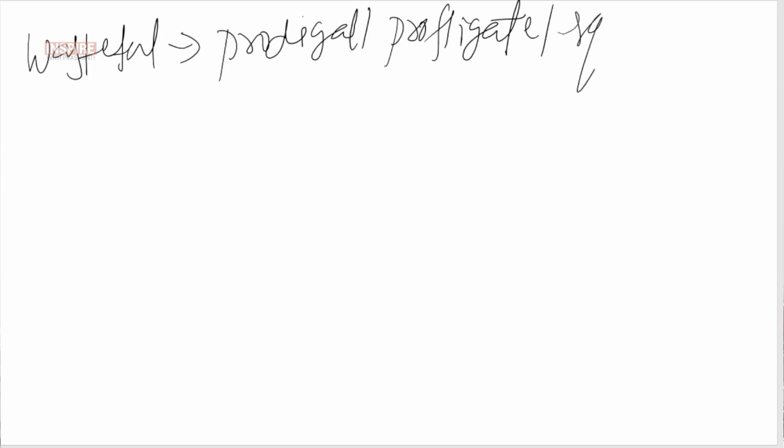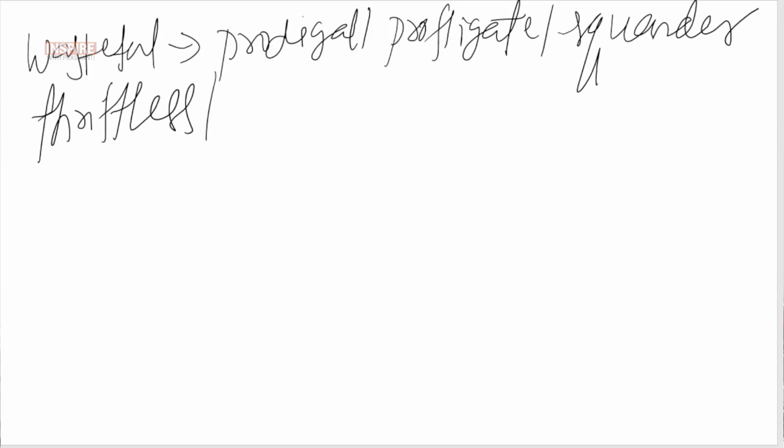Then a very important word when it comes to wasting is squander. Then I have a word which is super important, thriftless. I talked about people who are thrifty, who are economical, and then thriftless, or you can call them a spendthrift. These are some top words for being wasteful of money.